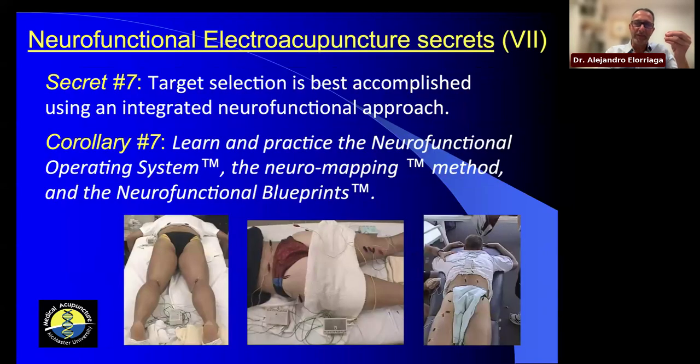So in our optimizing the needles, the location of the needles, the secret number 7, the target selection. At the end, we keep talking all this in the quest to find the best insertion.